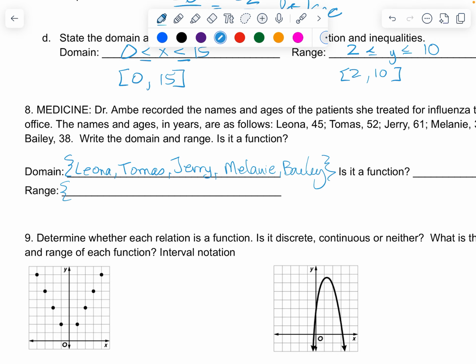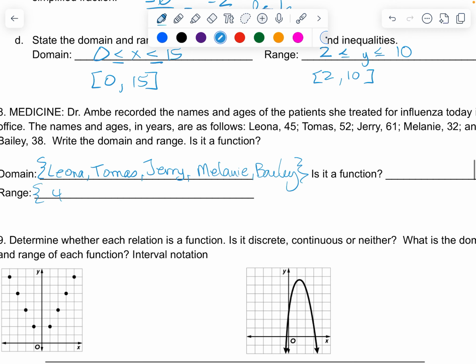And then my range, we want to go in numerical order. So I've got 32, 38, 45, 52, 61. Is it a function? Yes.